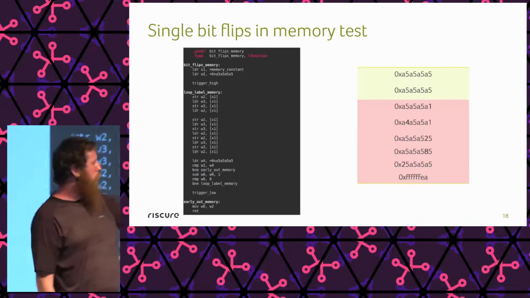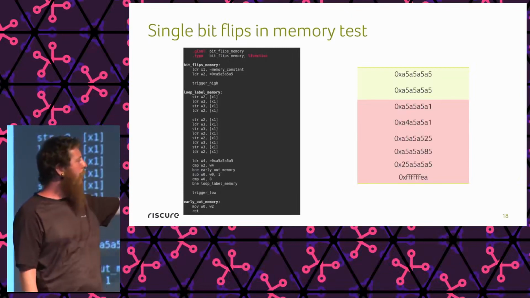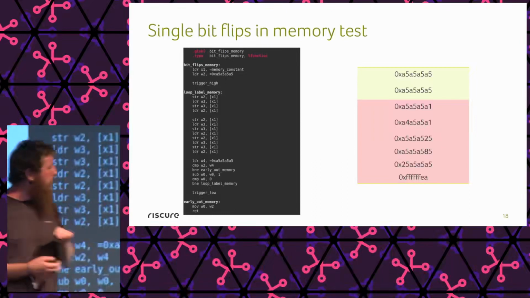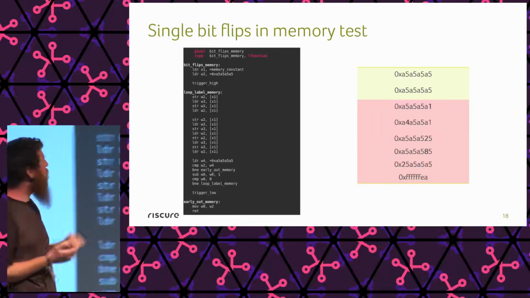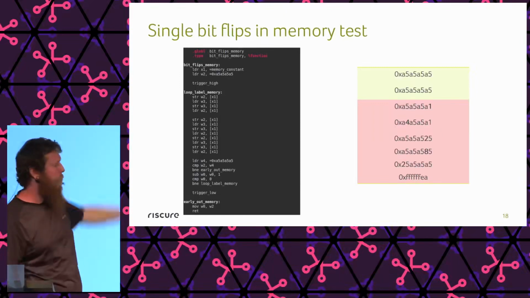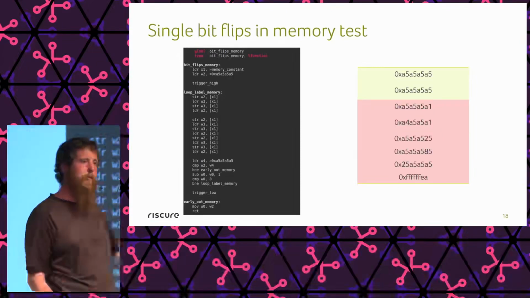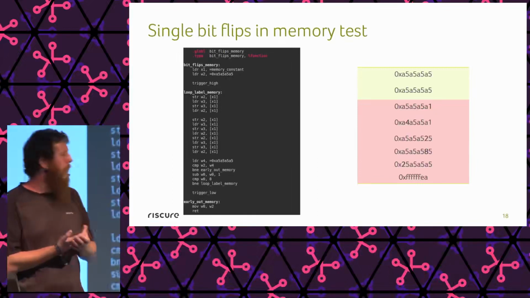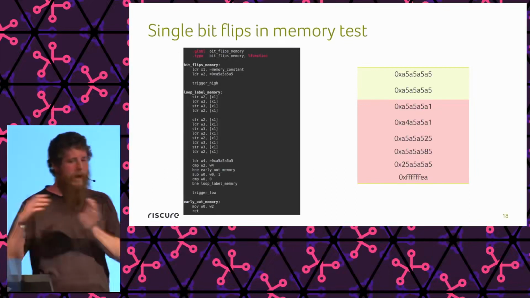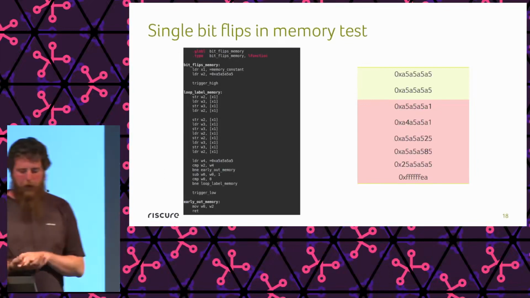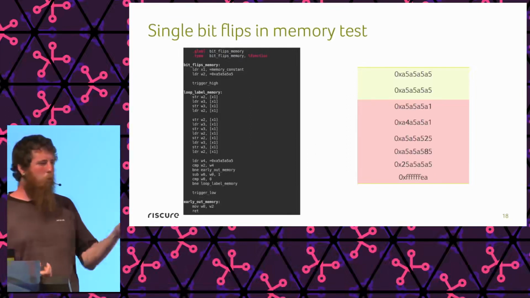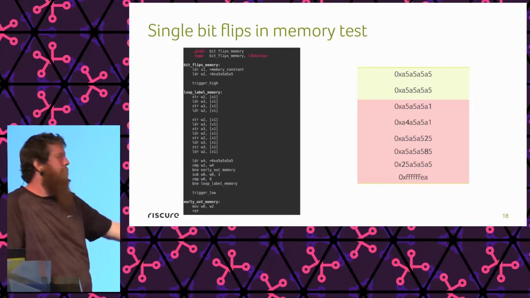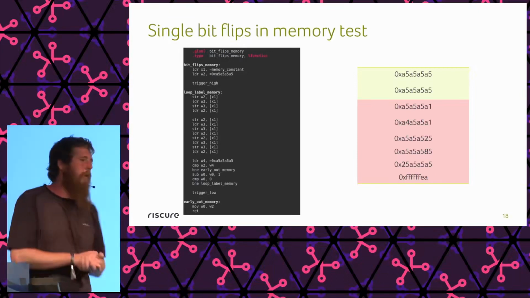This is a selection sorted on how often we saw the results. All of these top 5 are single bit flips away from this A5, A5 constant. So they're all very similar, but they differ by 1 bit in the binary. That means the data that was being read or written to memory, we have been able to modify in only 1 bit, so 1 bit precision, but the device has not seen it, so it's still useful for us.